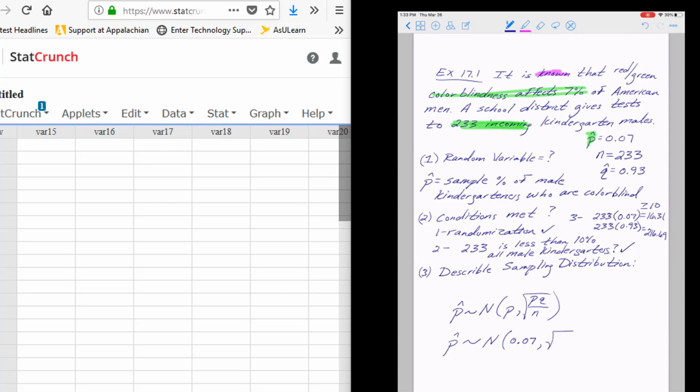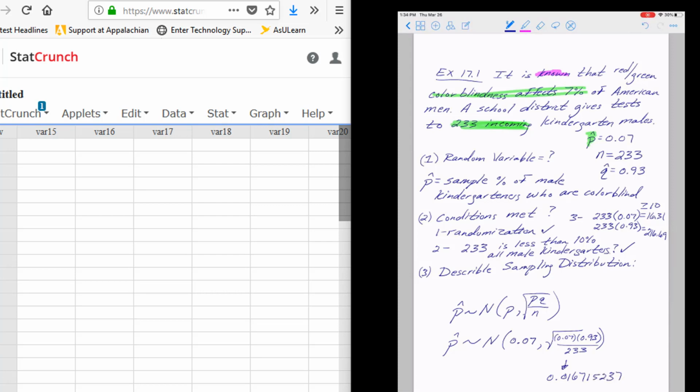So let's see. We have that P times Q over 233. And that number, if you write it out to a lot of decimals, should come out to be something like 0.016715237.